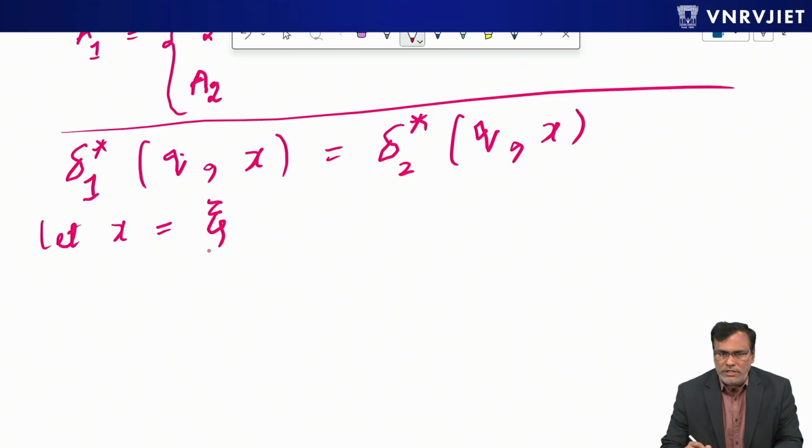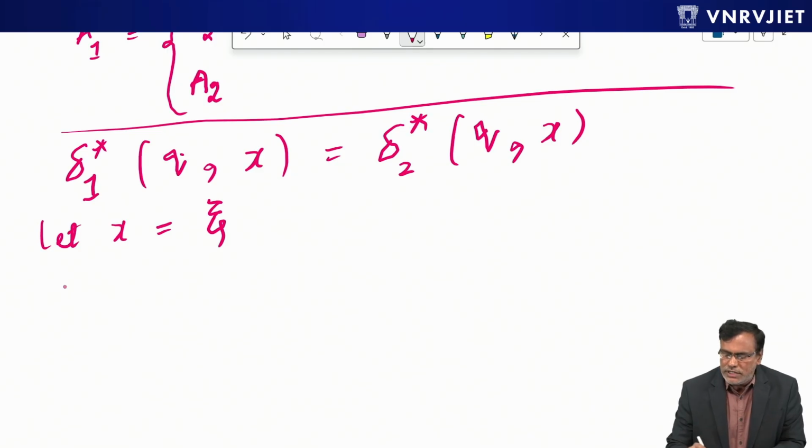Delta 1 star of Q epsilon is just Q, whereas delta 2 star of Q epsilon is epsilon closure of Q. So there is a difference between just Q and epsilon closure of Q. Therefore, when X equals epsilon, this formula may not be correct. So that is the reason I am going for proof by structural induction on X.